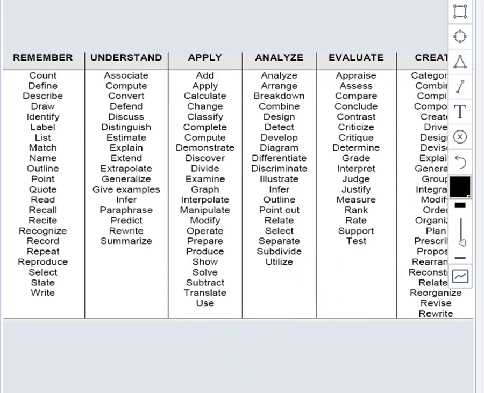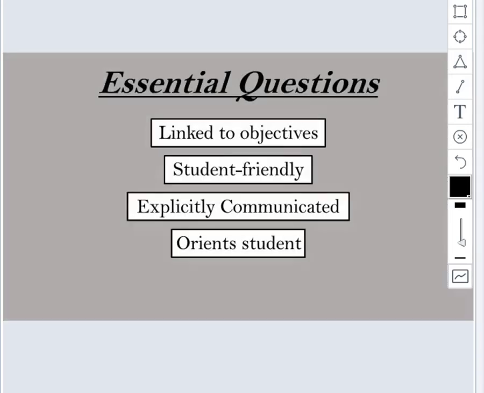Moving on to the next section of the template, essential questions are going to be very closely related and linked to your objectives. Again, you want these to be student-friendly, just the same as your objectives, but these are going to be explicitly communicated with your students, so they need to be even more student-friendly than the objectives.